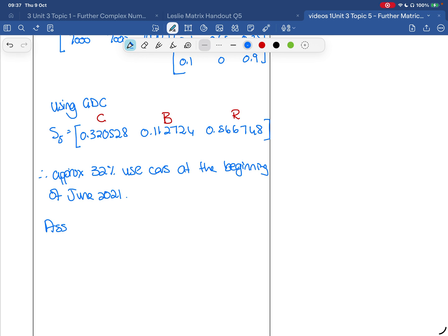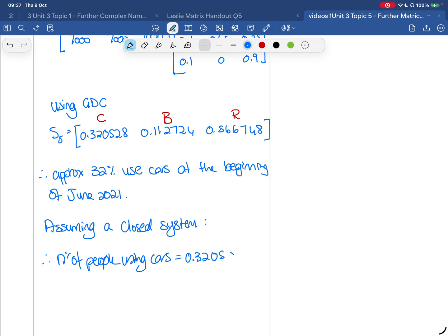So, assuming a closed system, the number of people using cars will be 0.3205 times my 7,000 people, and that's 2243.696.